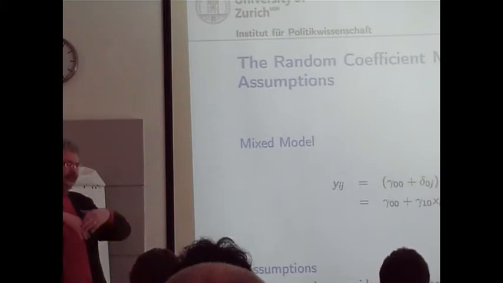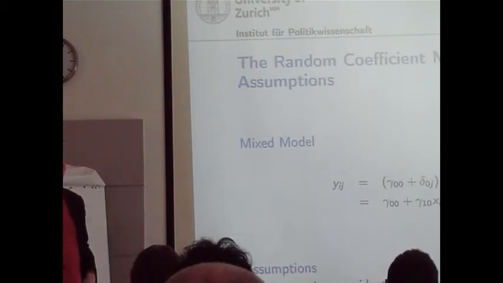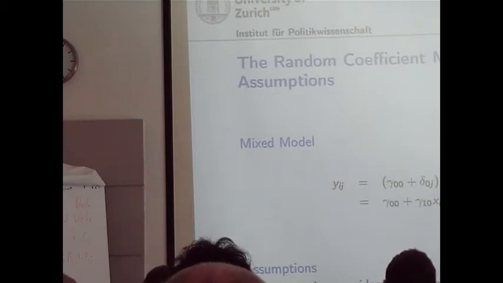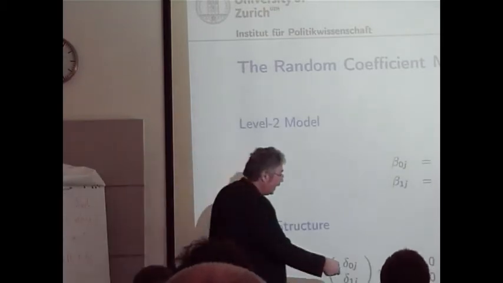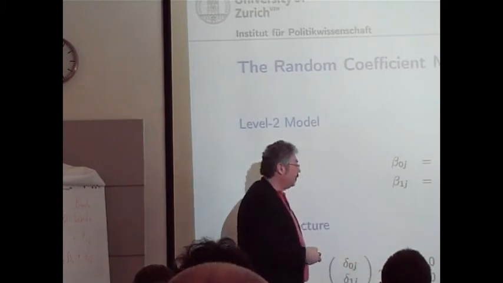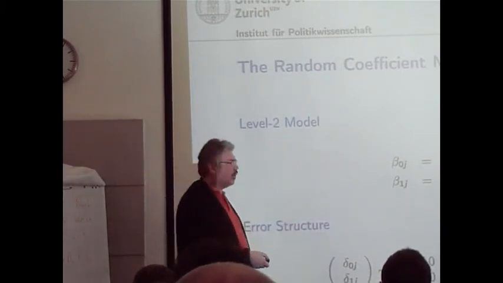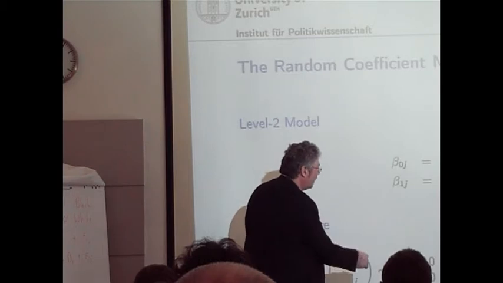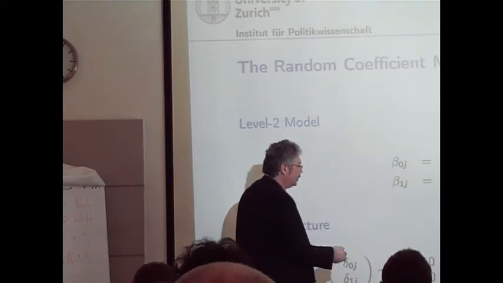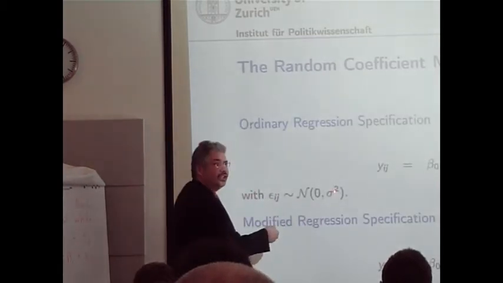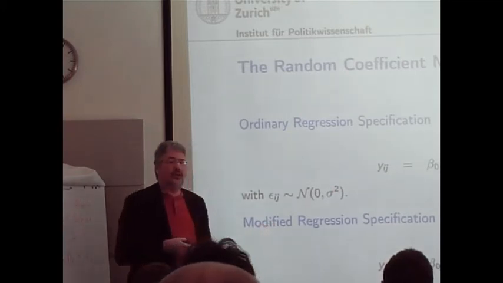The variation is specified through a bivariate normal with a particular covariance matrix, and these elements we want to estimate. So what we are going to estimate in this model would be those two gammas, the three elements of this covariance matrix, and then this sigma squared for the level 1 error.